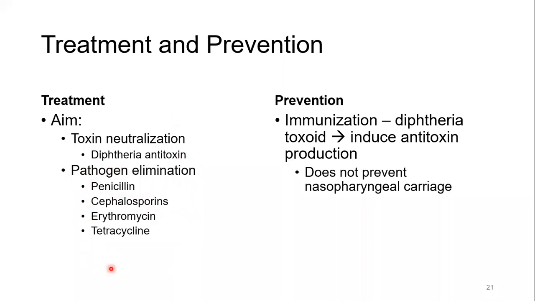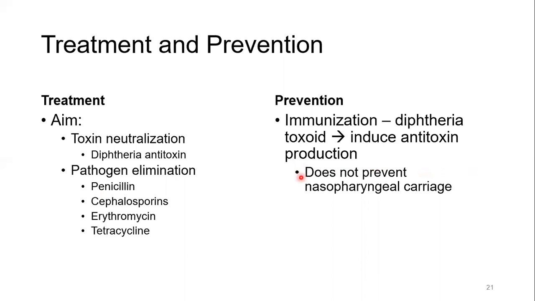So these are some of the antibiotics that it's susceptible to: penicillin, cephalosporins, erythromycin, tetracycline. In terms of prevention, there is immunization, the diphtheria toxoid, which induces the production of the antitoxin.